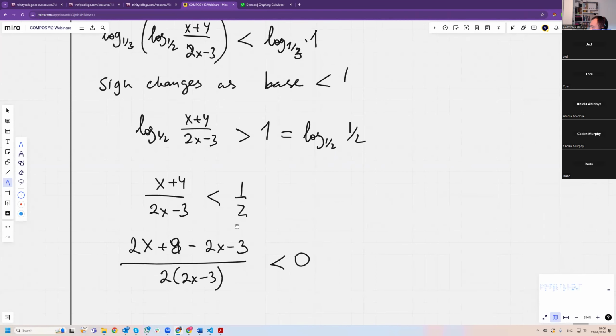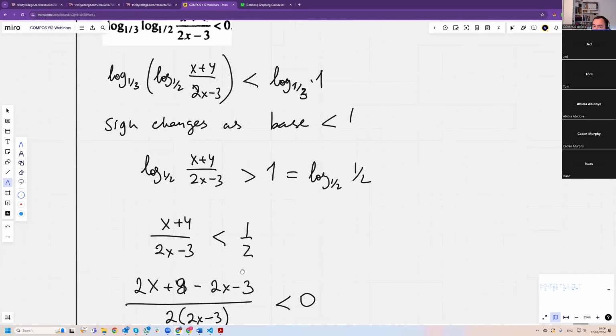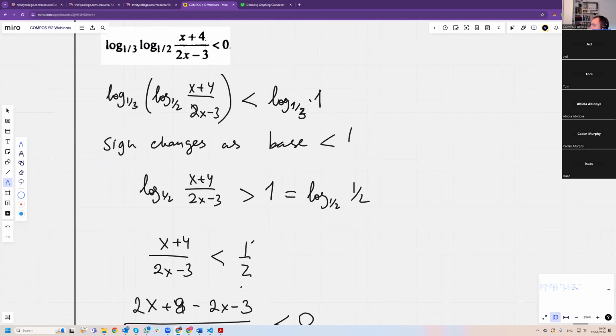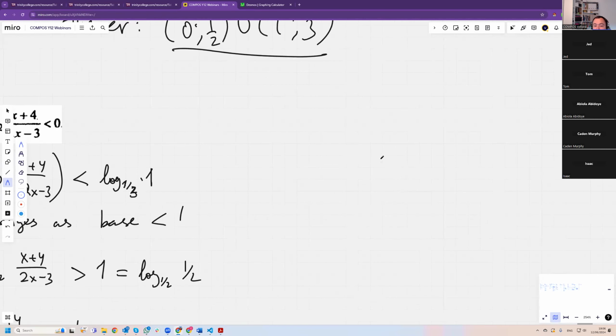Why do you change signs when comparing, not dividing? What do you mean, sorry, comparing? You are taking logs. Look, if you have 3 is greater than 1, then log 3 is greater than log 1.